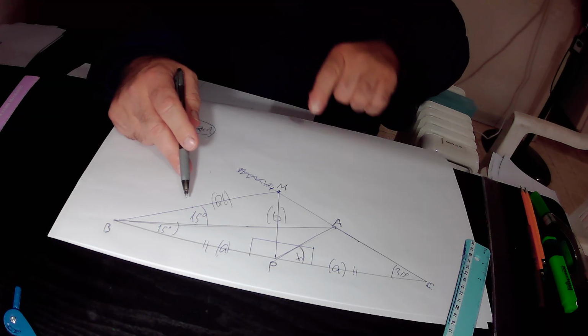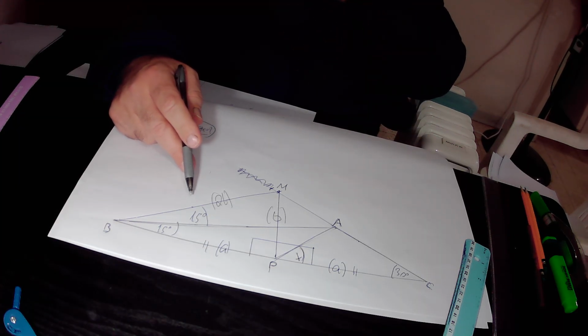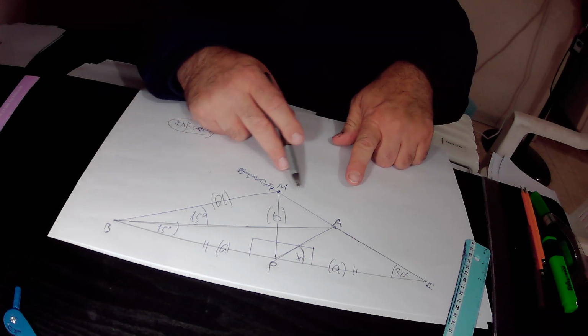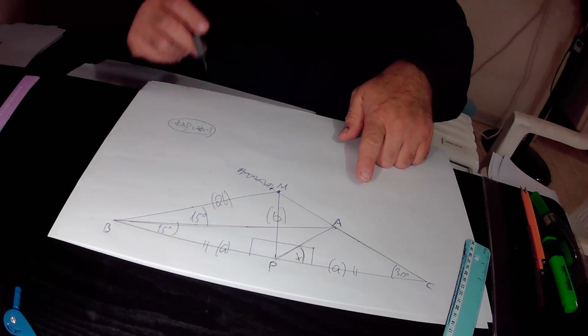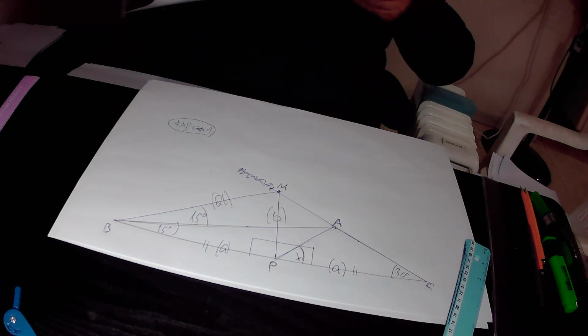So we can write down that in the associated triangle MBC, AB is the angle bisector of angle MBC. So write it down.